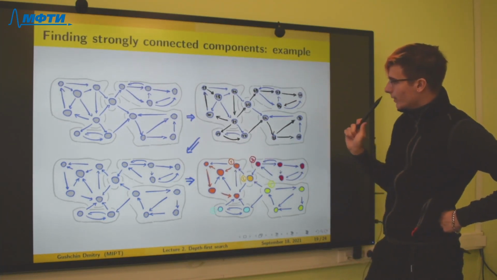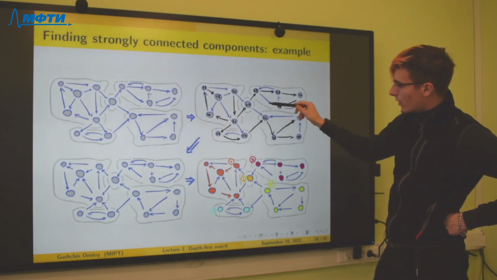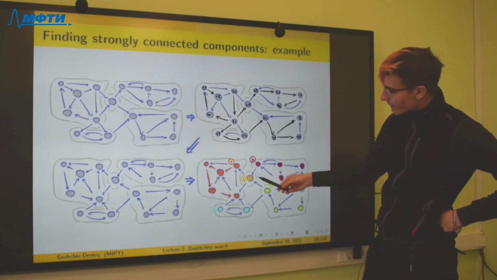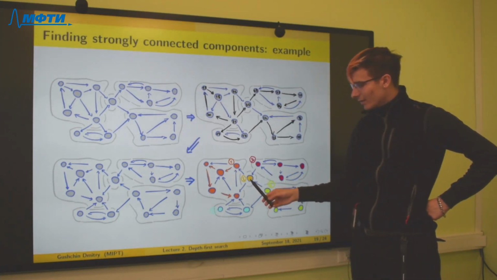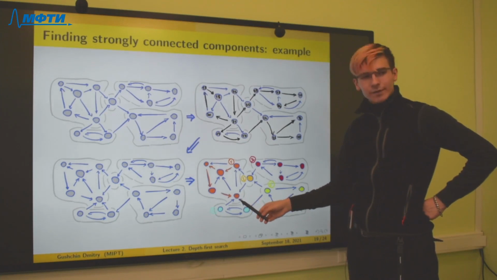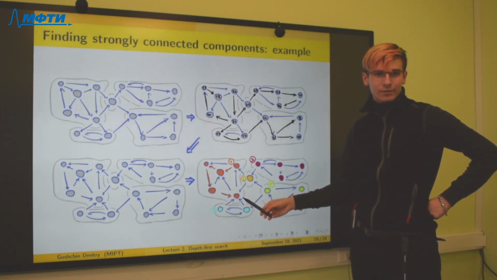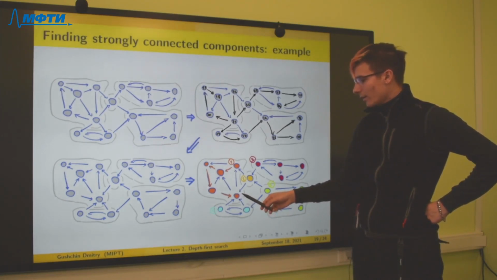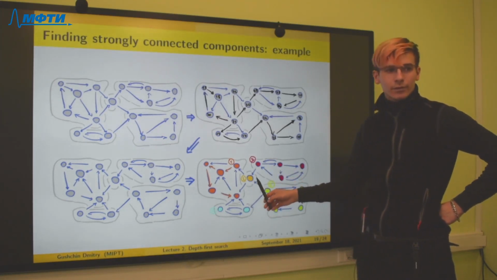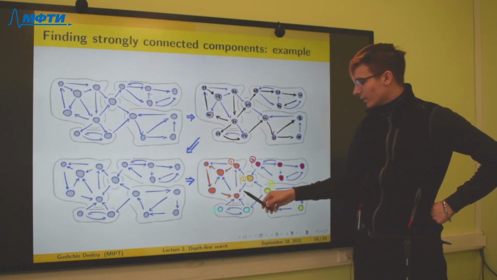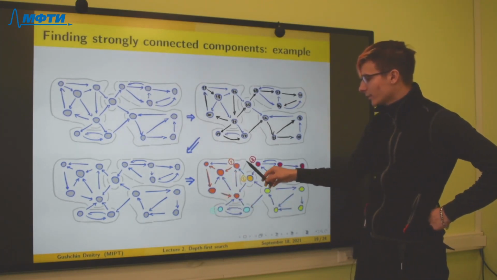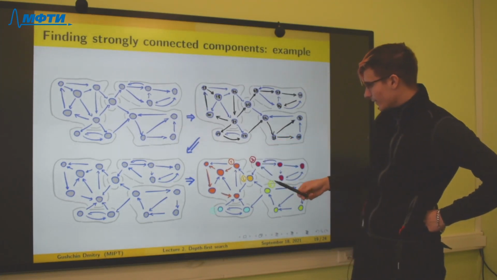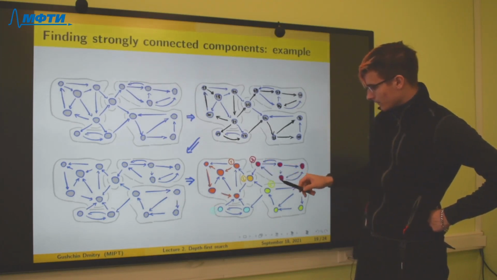So we repeat our algorithm for this vertex, but of course we cannot explore vertices that we explored before. For example, we see that this orange vertex was explored before, and it is contained in these strongly connected components. So we see that, and these two.